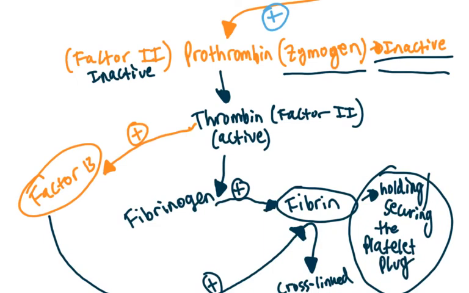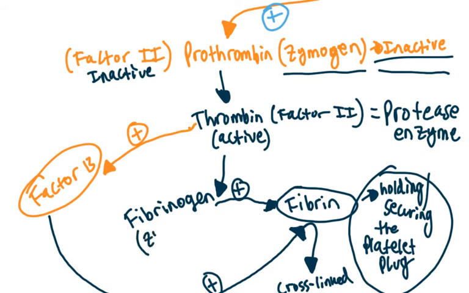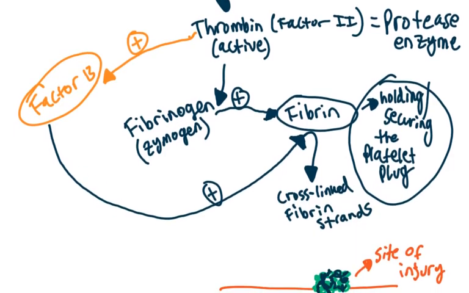So here we can see that thrombin is acting like a protease enzyme, all right? Because it's catalyzing proteins like fibrinogen into the active form, which is fibrin. So remember that fibrinogen is the inactive form. And thrombin acts as a protease, an enzyme that's going to catalyze this inactive protein into the active form, fibrin, or factor 1.